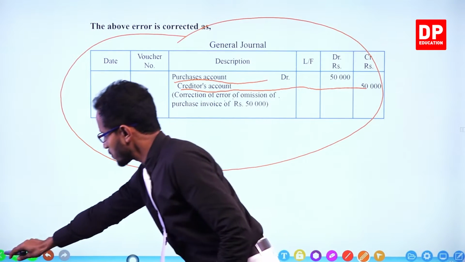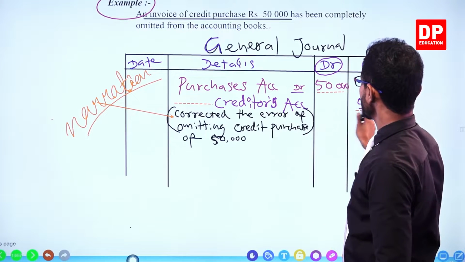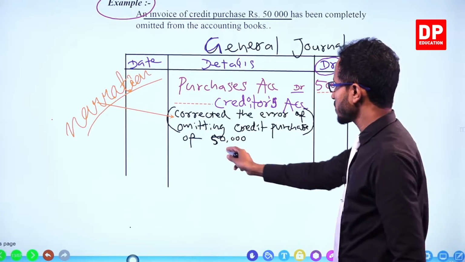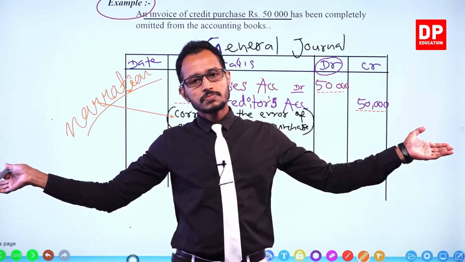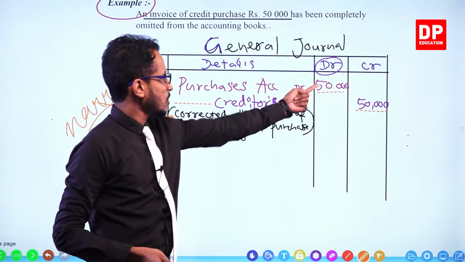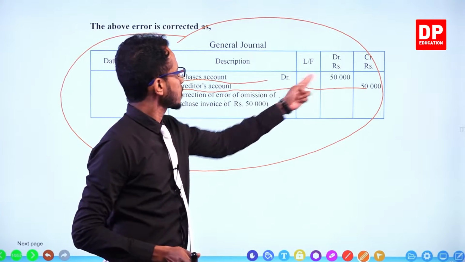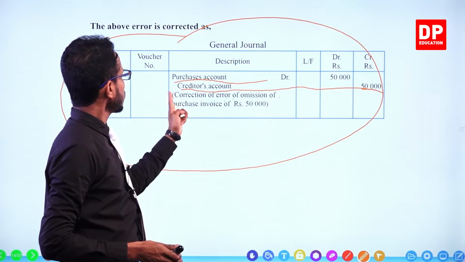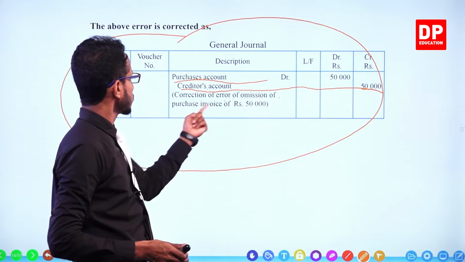Did we do it right? Purchases account debit 50,000, creditors account credit 50,000. Corrected the error of omitting credit purchase of 50,000. Same thing. Narration: correction of error of omission of purchase invoice.